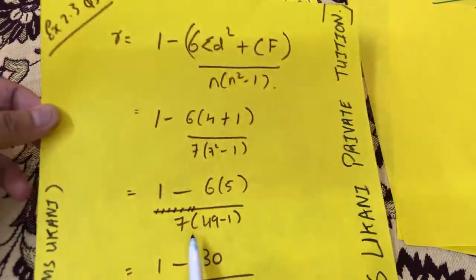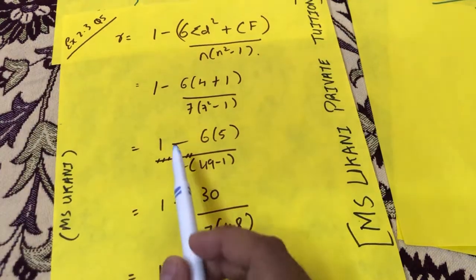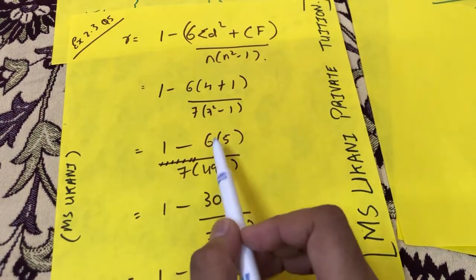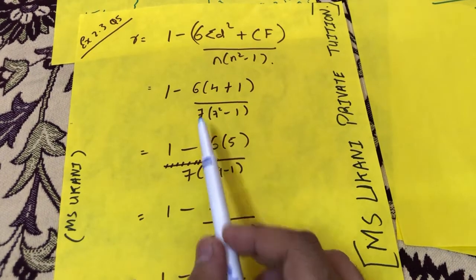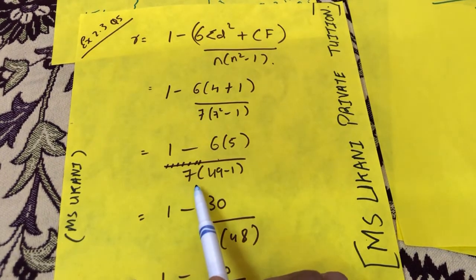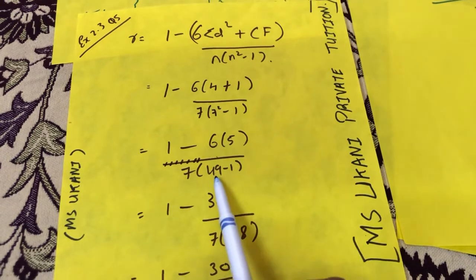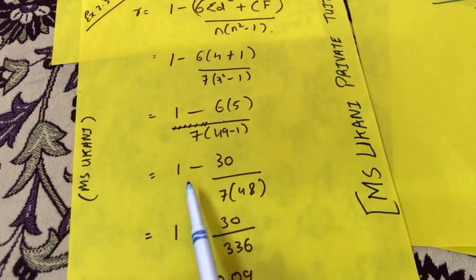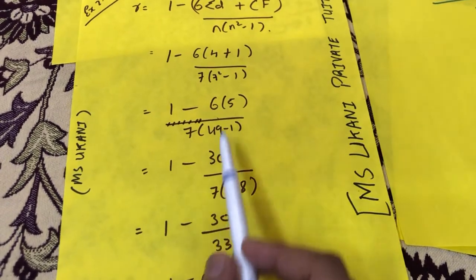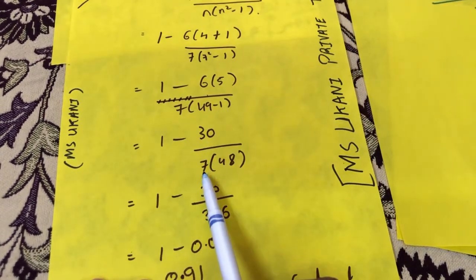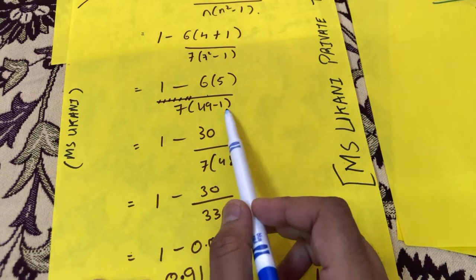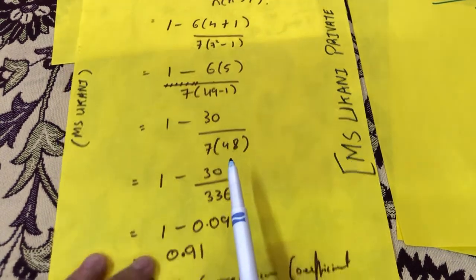Now let us calculate the sum. 1 minus 6, 4 plus 1 will be 5 upon 7 square minus 1, which remains as it is in this step. 7 square will be 49 minus 1. Next step, 1 minus 6 fives are 30 upon 49 minus 1, which will be 48. Okay.